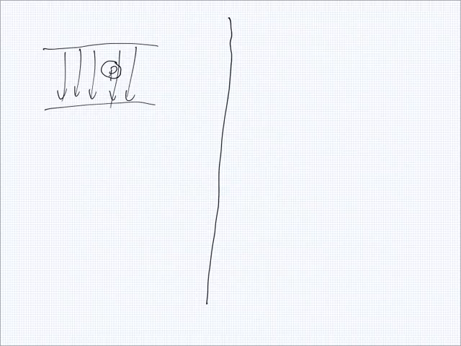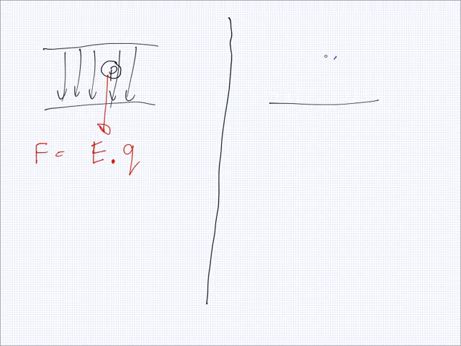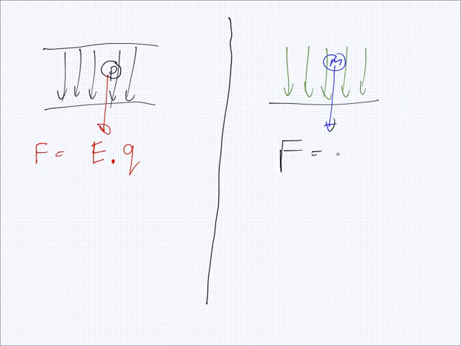The formula for the force was equal to E multiplied by the charge, which we call Q. And then if we look at the Earth, for example, here's a mass, and here's the gravity field. What's the formula for the force here? That is equal to, actually let me write this a bit differently.